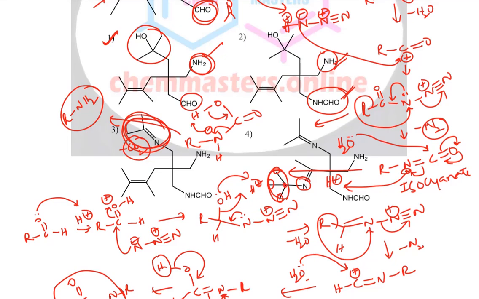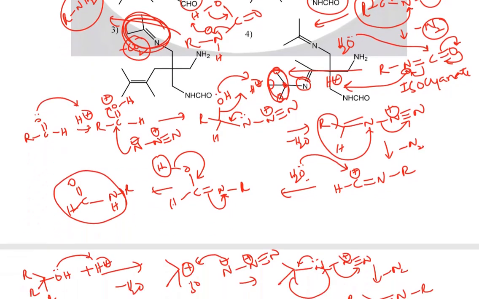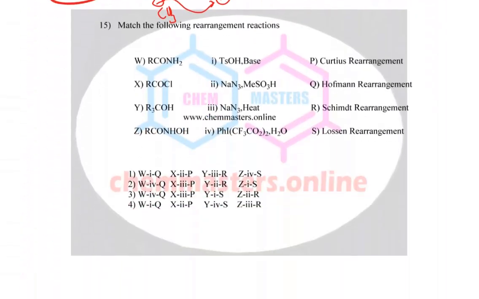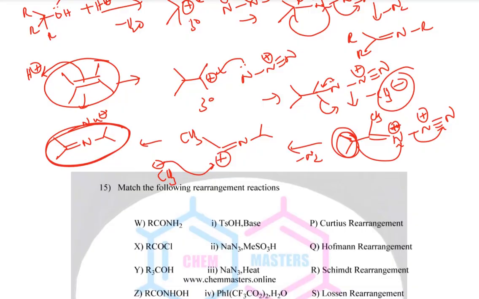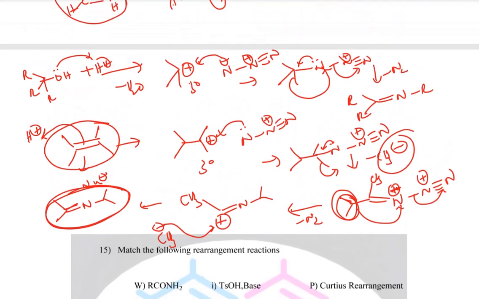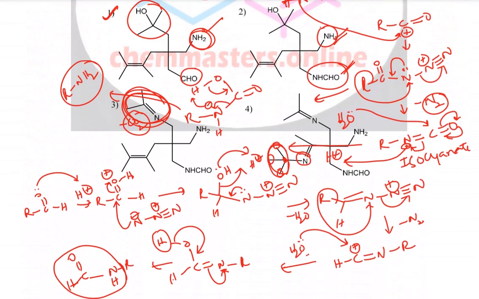But in the product you must have the general mechanism like this. So here you can see a double bond. The fourth option is the wrong one, because that is not the correct rearrangement. So the third option is the correct answer for the given problem.